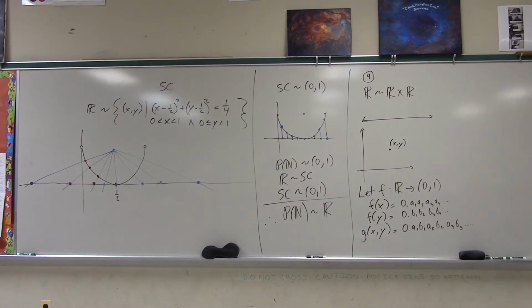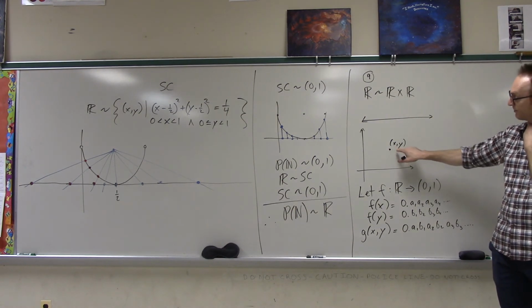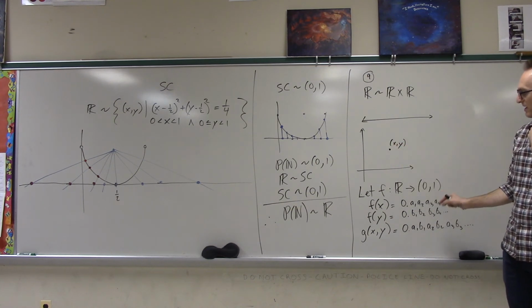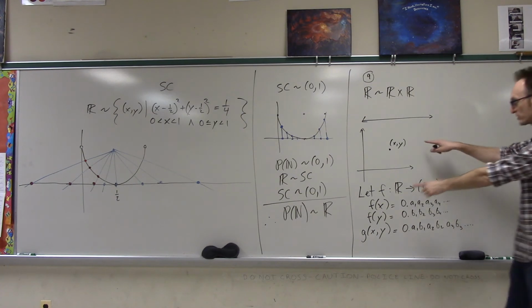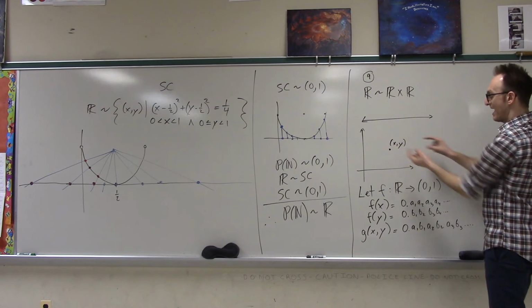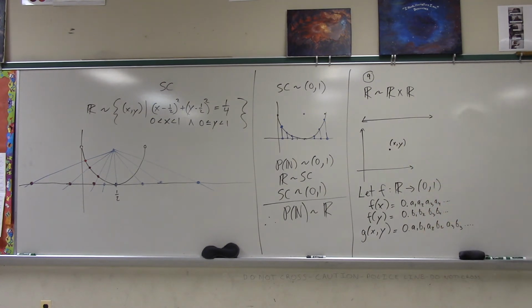In other words, g is a function which takes this ordered pair of real numbers, which might be very large or possibly negative, who knows what, and using the f function, first converts these two numbers into real numbers between 0 and 1, and then shuffles those real numbers to give you another real number between 0 and 1.